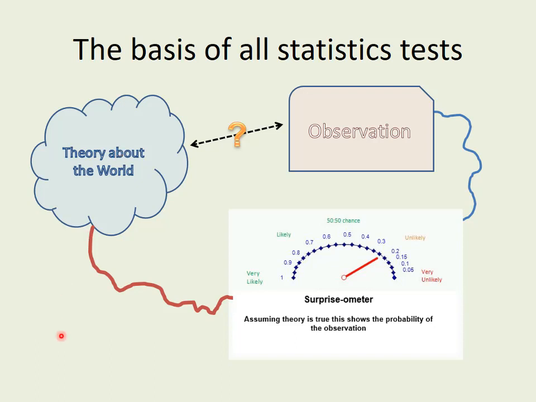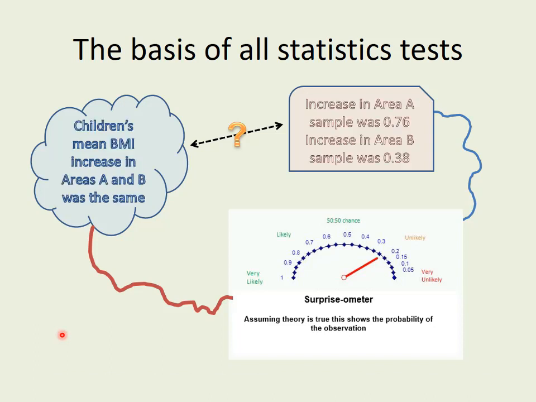So let's show you two of those examples back in here. In the first one, the theory about the world we'd assume, as our hypothesis, is that the children's mean BMI increase in areas A and B was the same. That's all the thousands of children. We assume it's the same. Then what we observed was these 34 children in the sample with an increase in area A of this, and area B of this.